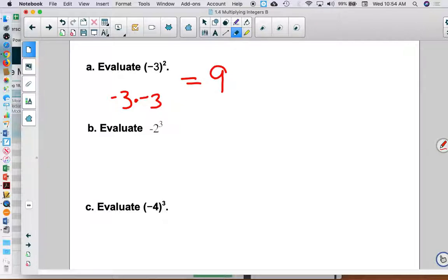What is the expanded form of b? That's the one that trips kids up. Showdown.